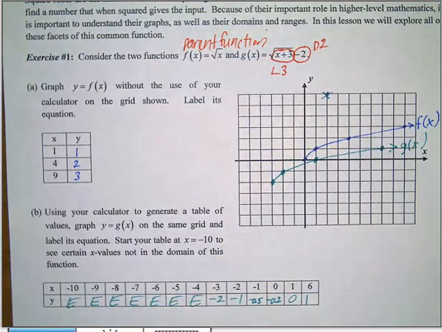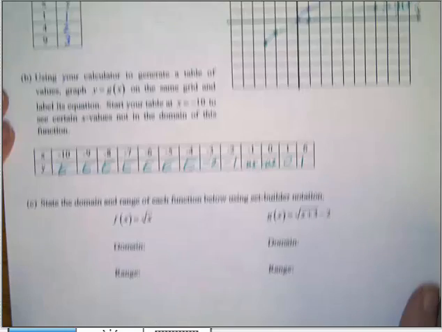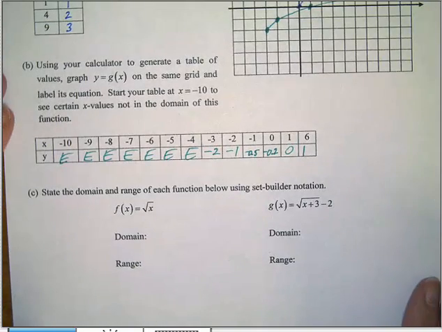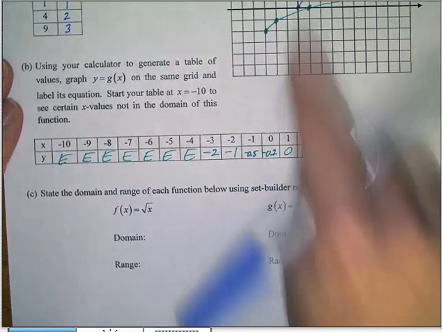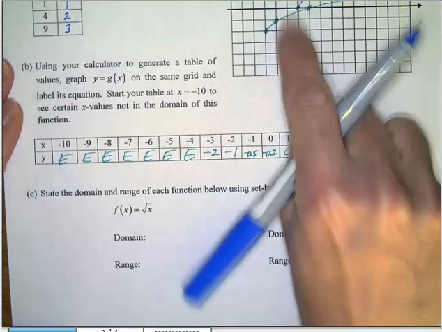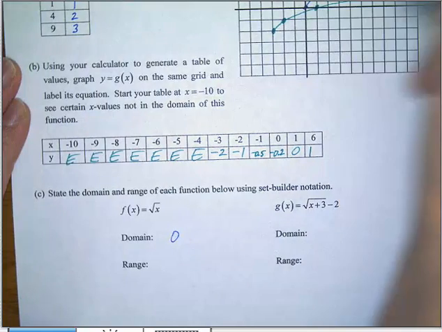Okay? That obviously impacts the domain and the range. So in part C, we need to state the domain and the range in set builder notation of the original and g of x. So the domain of the original, domain is left to right, so the domain starts at 0, and it goes to positive infinity.